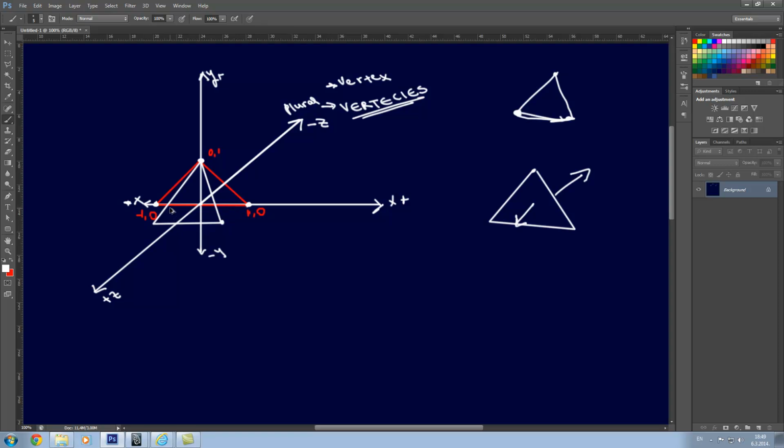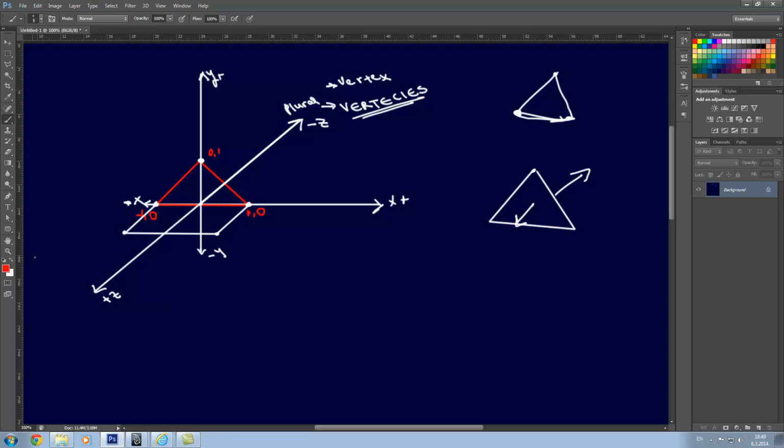Maybe I should have added a little bit of depth. How about this? I'll define a point right there, and one more point, one here and one right there, and one here and one right there.